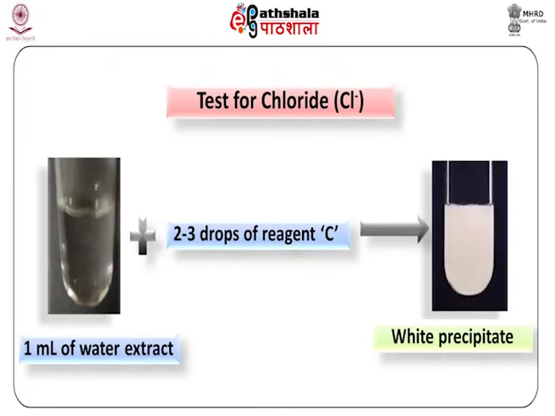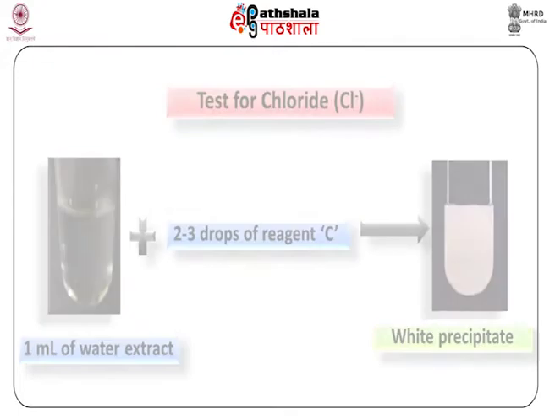Another method to test if chloride ion is present or not is carried out by taking 1 milliliter of extract in a fresh test tube, followed by the addition of 3 drops of C reagent to it. The presence of chloride ions is indicated by the formation of white precipitate.